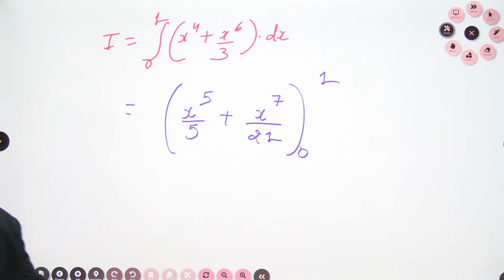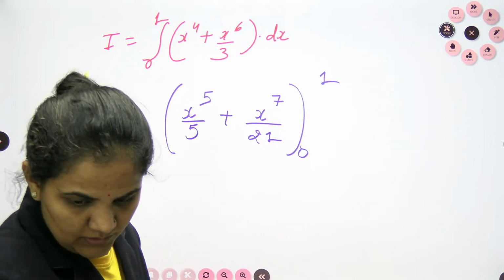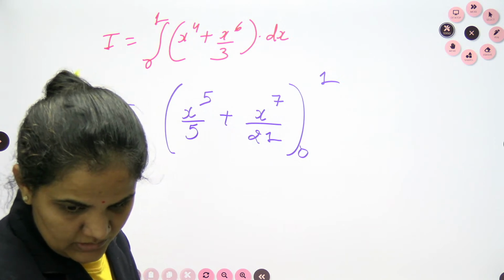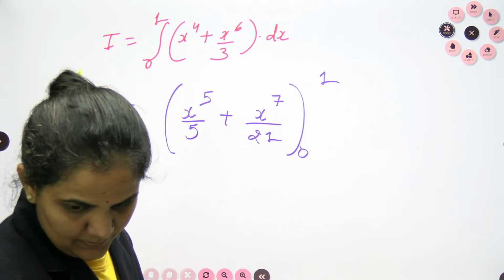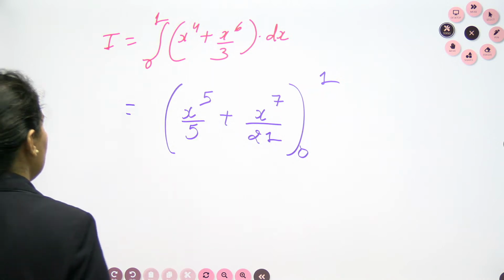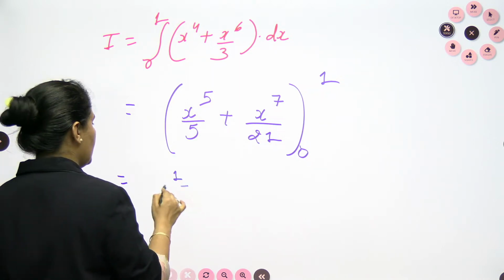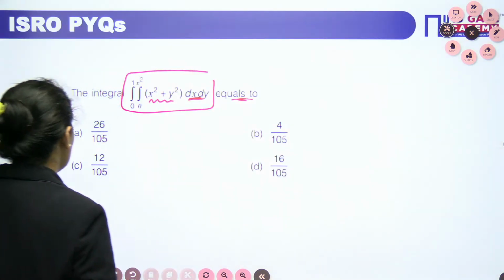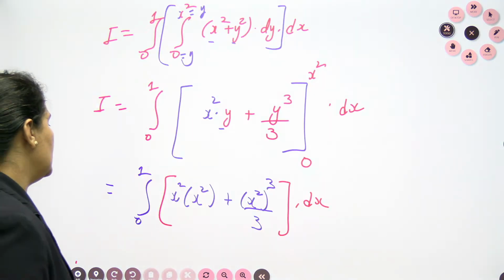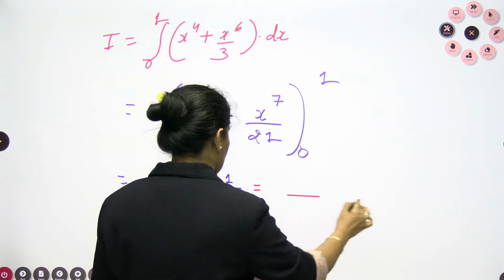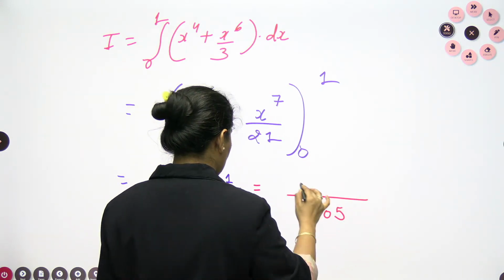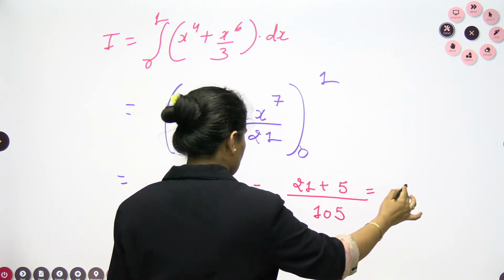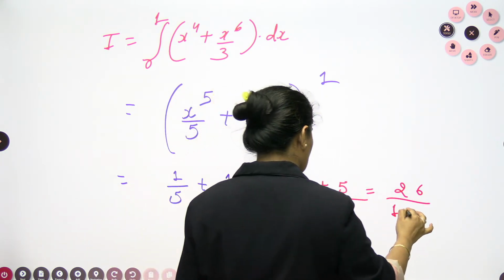When I put the limits 0 to 1, it gives me 1 by 5 plus 1 by 21. We have options in this form only. So my LCM will be 105. It will be 21 plus 5, which is 26 by 105.